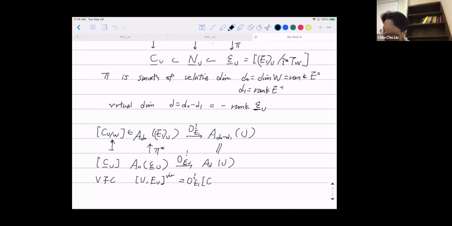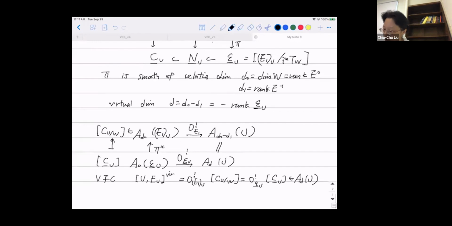So you apply this to the class of the normal cone, and because of this diagram, it is equal to this.